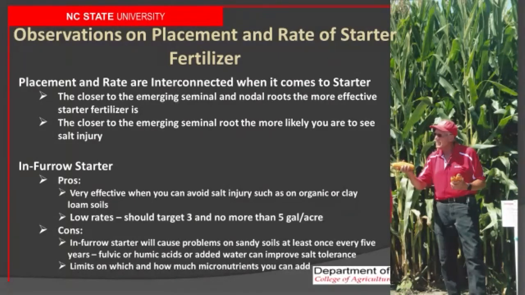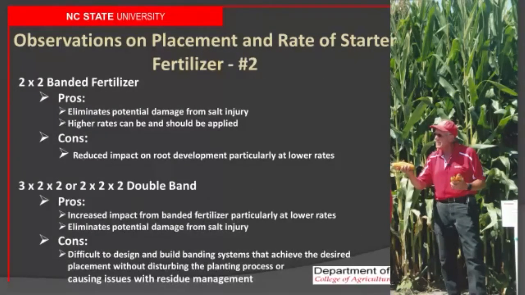So there are some ways of buffering it, but again, those are added costs or time constraints to the grower. It also limits you if you're wanting to add boron or zinc, since both of those could have some salt in these micronutrient mixes. That limits what type of fertilizer you can place in that furrow. I love a starter pop-up, but I constantly worry about the conditions I'm trying to put that in.